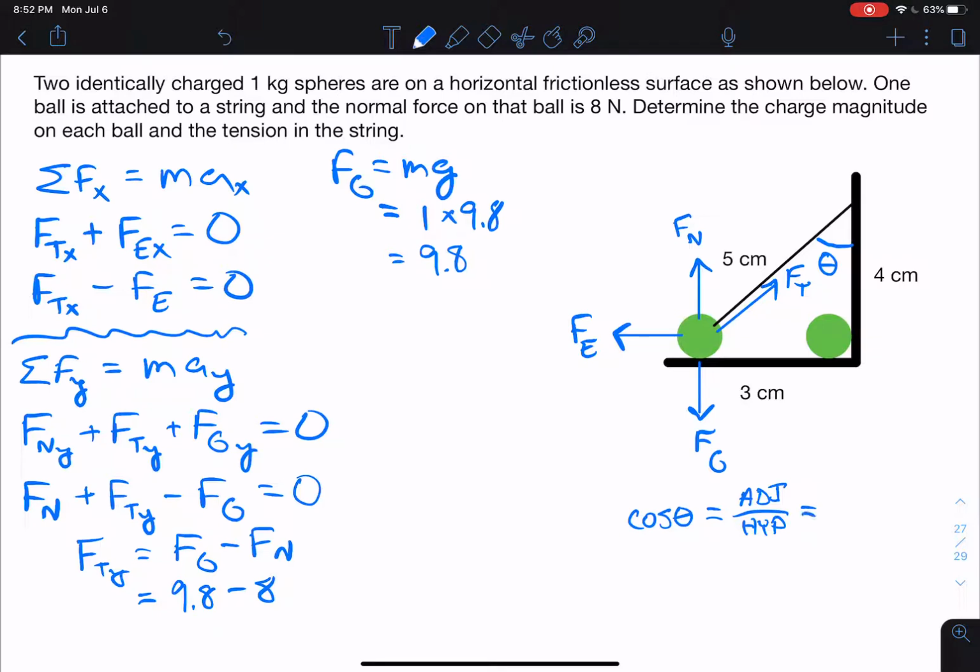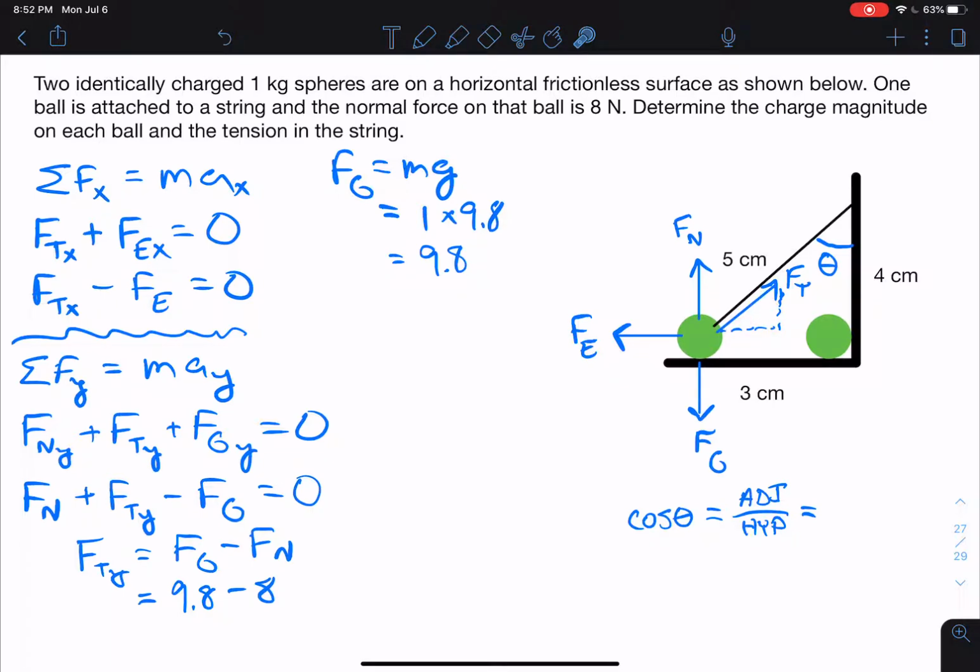And that's also going to equal, so the adjacent side, you can see here for this triangle, the adjacent side is vertical, and if I do my little vector diagram here for the F_t, this vertical side here, this is F_ty, this is F_tx.